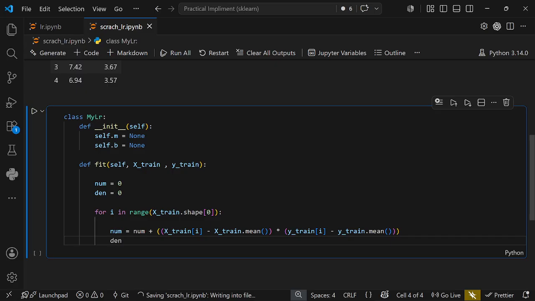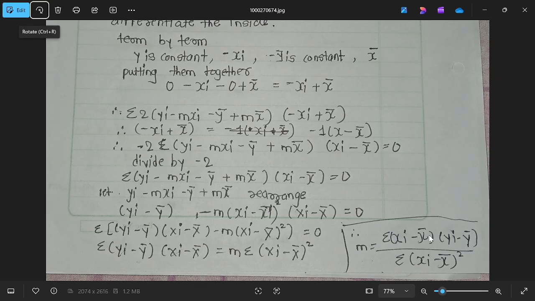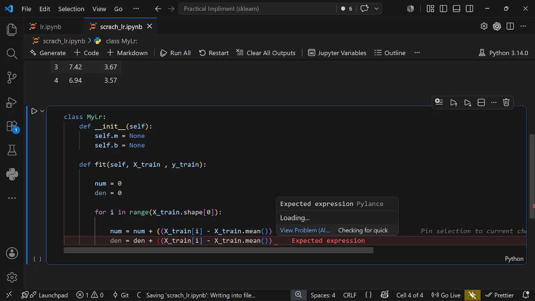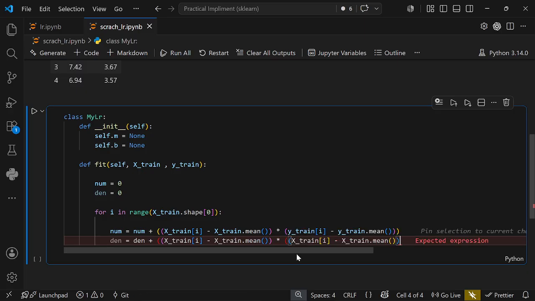Let's calculate the denominator here. The formula of the denominator is the summation of xi minus x bar square. So here, we take the summation of xi minus x bar that we have already calculated, and we have to take the square here, so let's multiply this with itself.